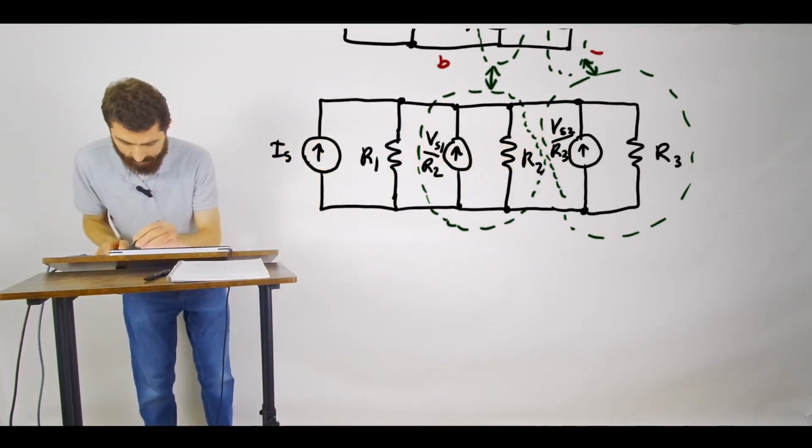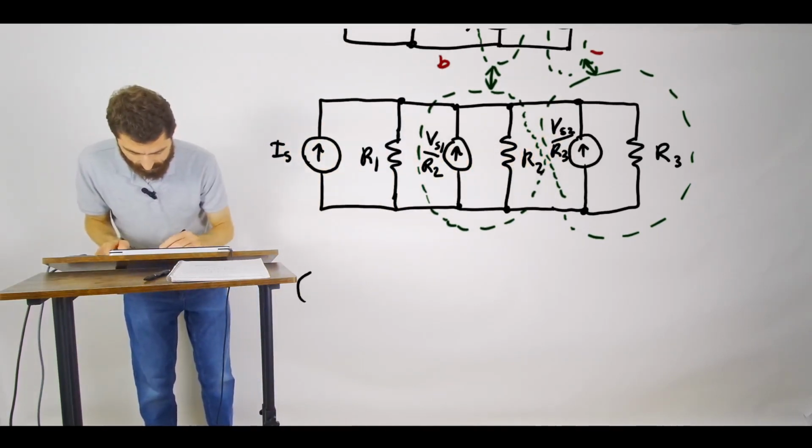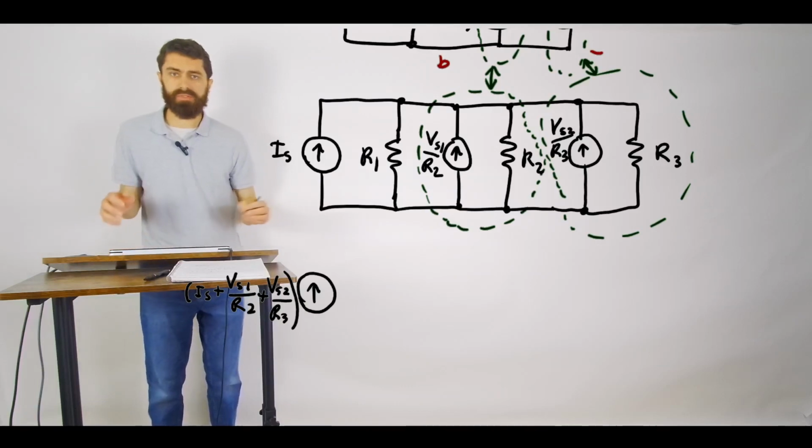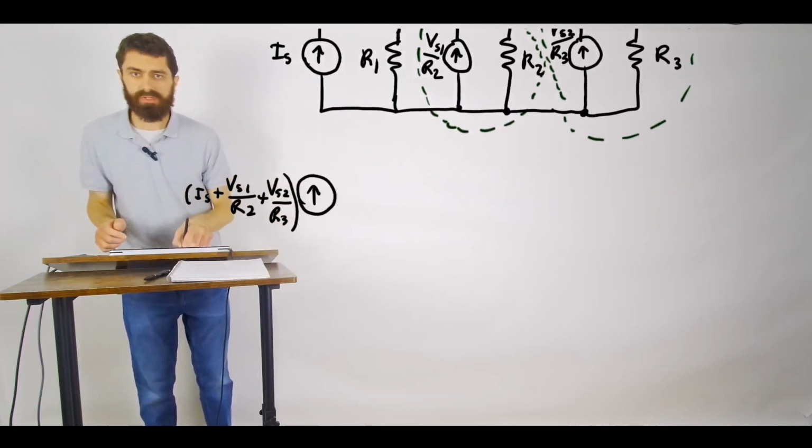So this becomes a current source equal to IS plus Vs1 divided by R2 plus Vs2 divided by R3, that whole thing, all of them summed together.